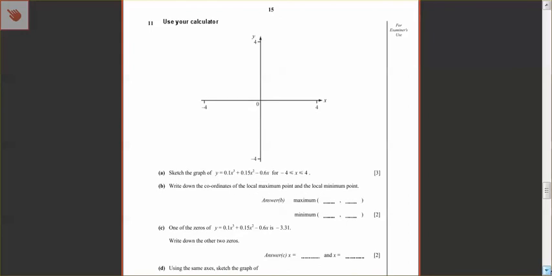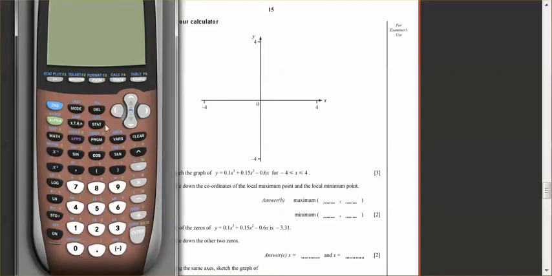Now, calculator, guys. Sketch the graph. We need to put it into our calculator.